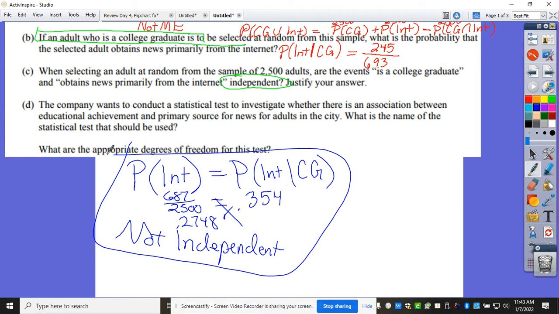Both of these problems are very, very typical AP exam questions. Now part D is not what you usually see associated with it, but this is a good problem, especially based off of what y'all were saying the other day. The company wants to conduct a statistical test to investigate whether there is an association between educational achievement and primary source for news for adults in the city. We are given a what? Two-way table. If I am trying to run a test using a two-way table, I am probably doing a what kind of test in general?